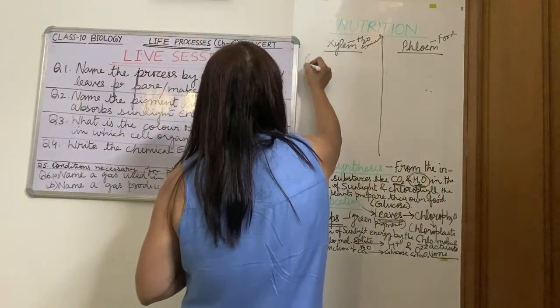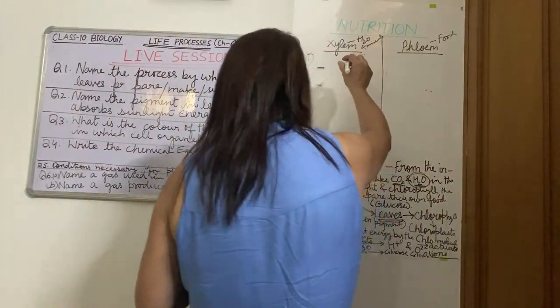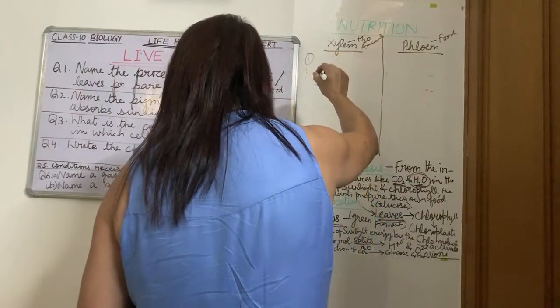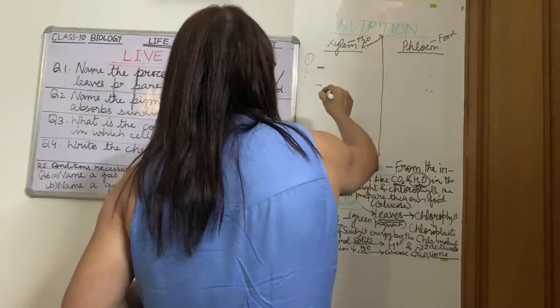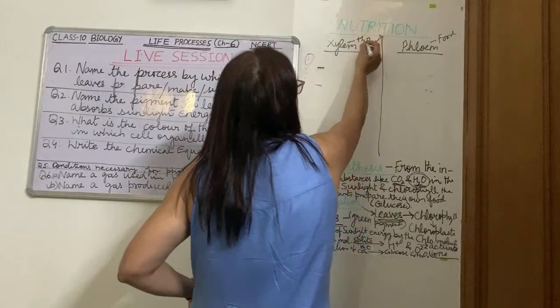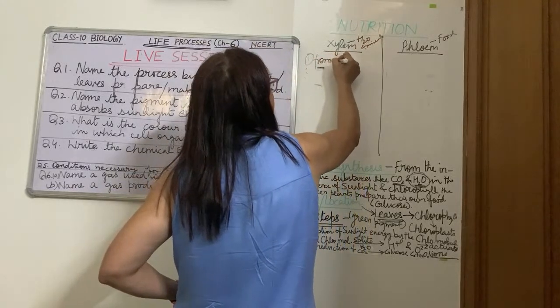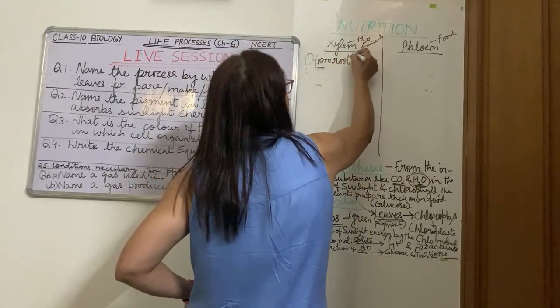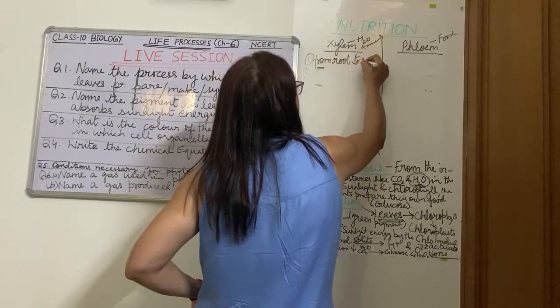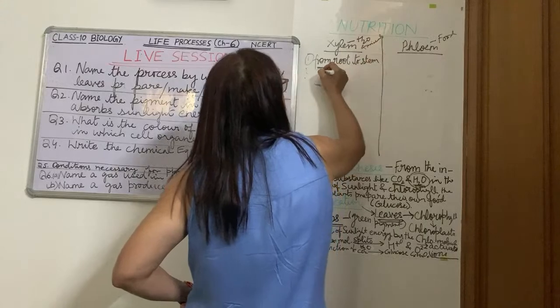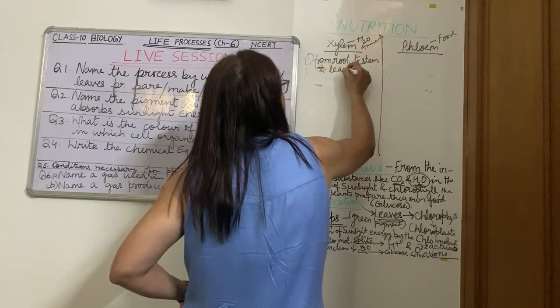The first point is that the water is transported from root to the stem and leaves, right?